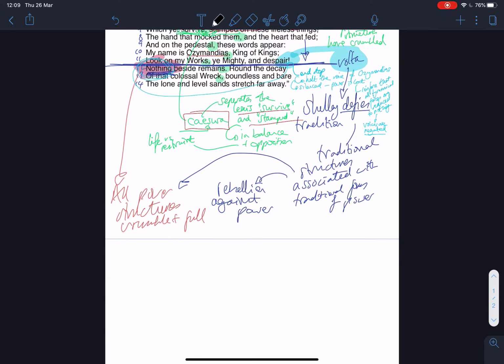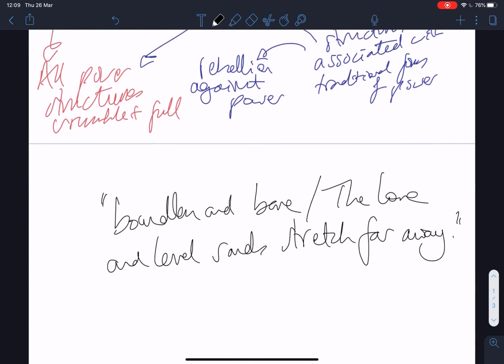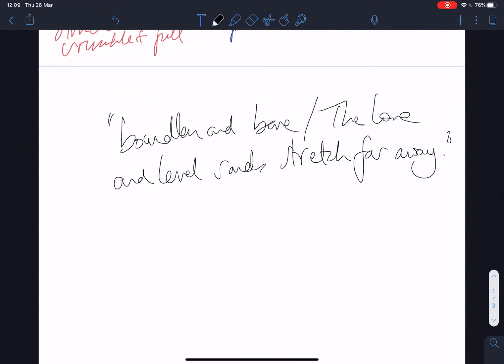So we'll look at the quotation, "boundless and bare, the lone and level sands stretch far away." Pop our quotation marks around it. And now we can start working on this quotation.